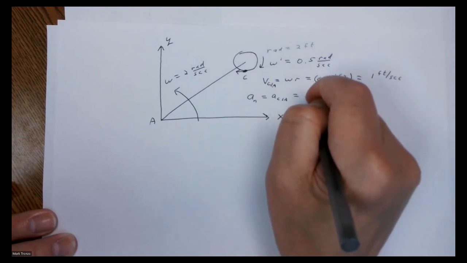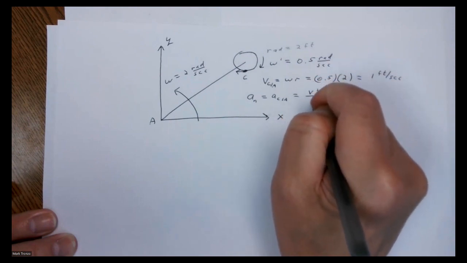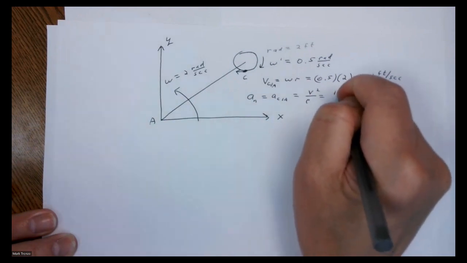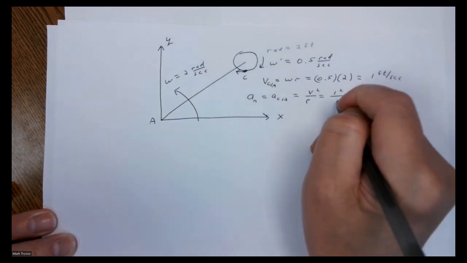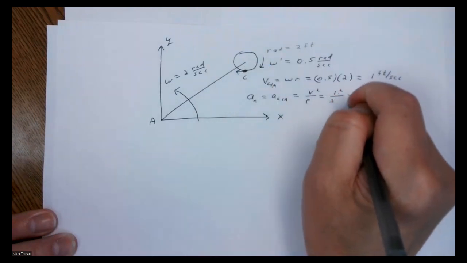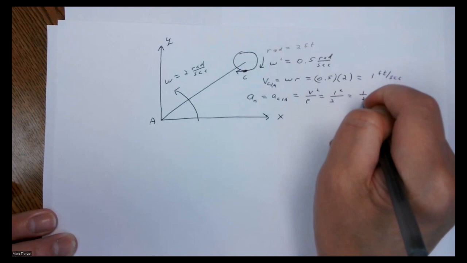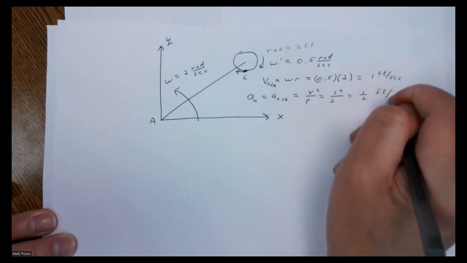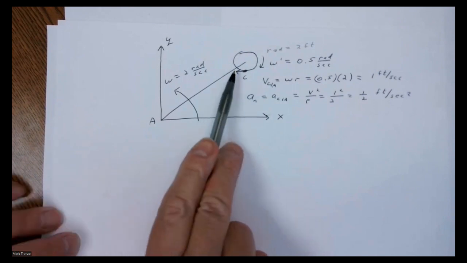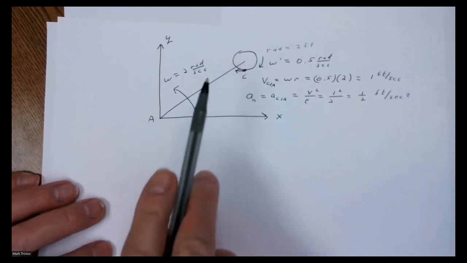Remember, that's the velocity squared divided by rho. In this case, it's going to be 1 foot squared divided by our radius here, which is 2 feet. And so it's going to be 1/2 feet per second squared. So again, we're just calculating what's happening locally here.